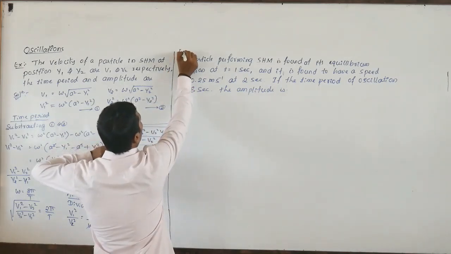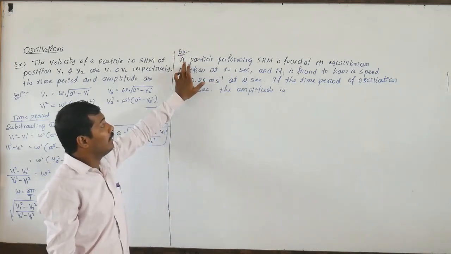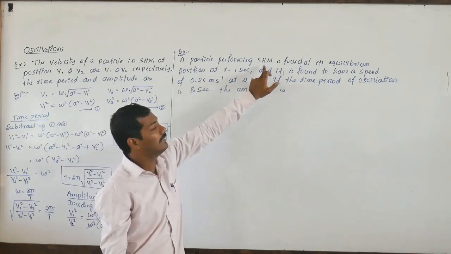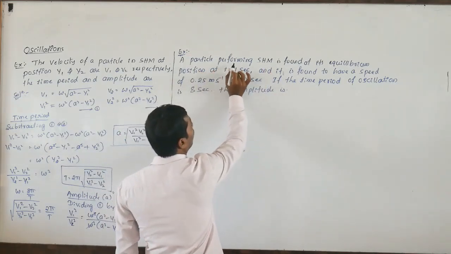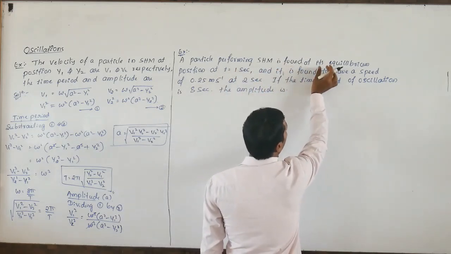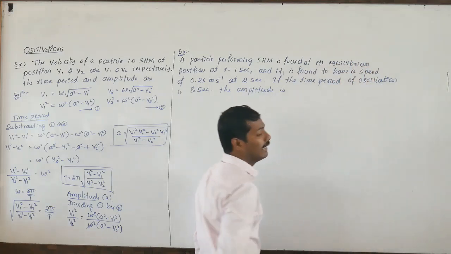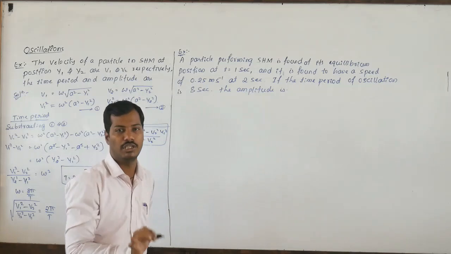Example number 4. The particle performing SHM is found at its equilibrium position. Equilibrium position is nothing but the mean position.